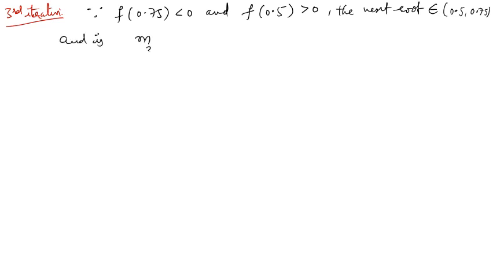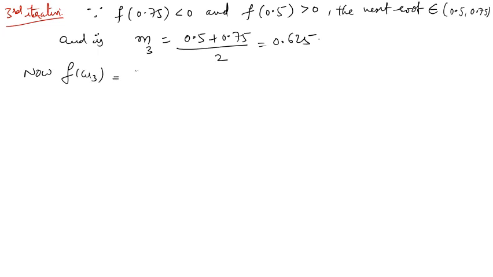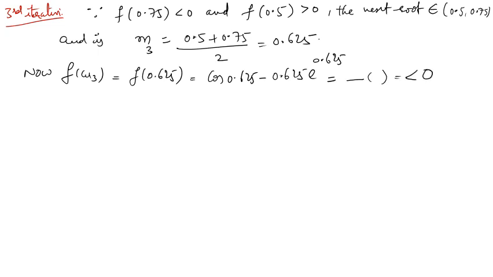What is the next root? m3 equal to 0.5 plus 0.75 by 2. So this value is 0.625. Now f of m3, that is f of 0.625, cosine 0.625 minus 0.625 e to the power of 0.625. It is negative. You will get some value, less than 0.